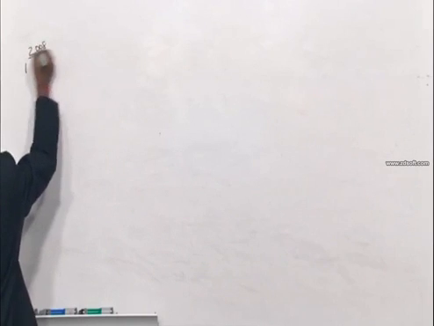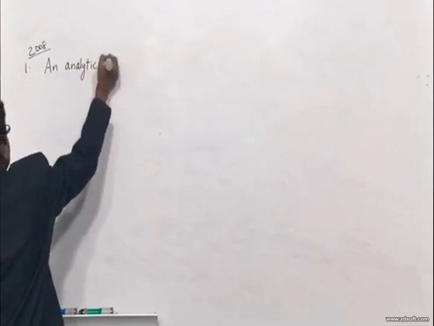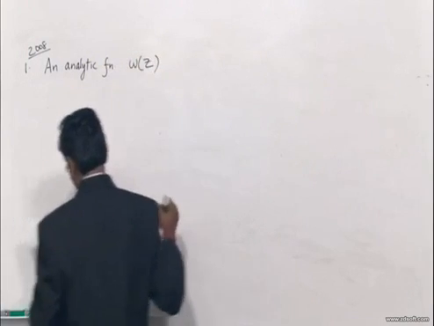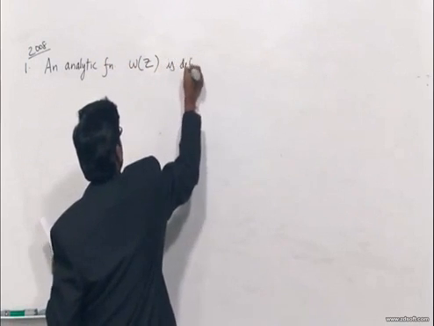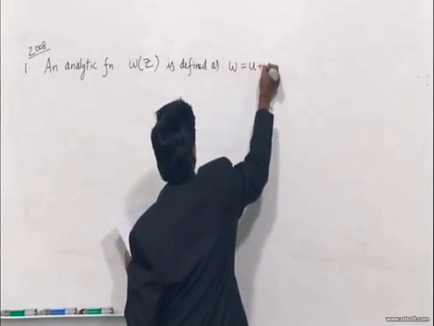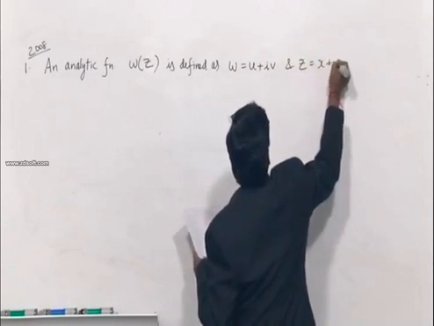Example one, given in 2008, 2 marks. An analytic function w of z, that is, instead of f of z it is given as w of z, is defined as w is equal to u plus iv, where i is equal to root minus 1, and z is equal to x plus iy.